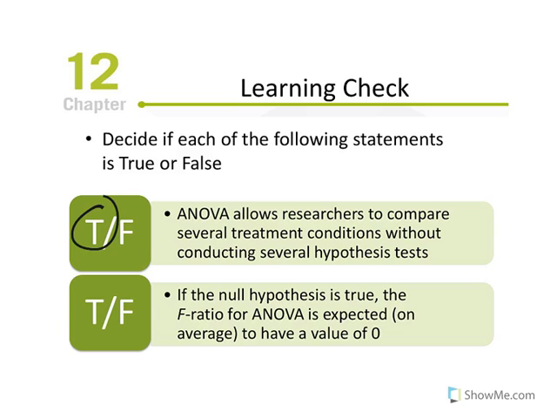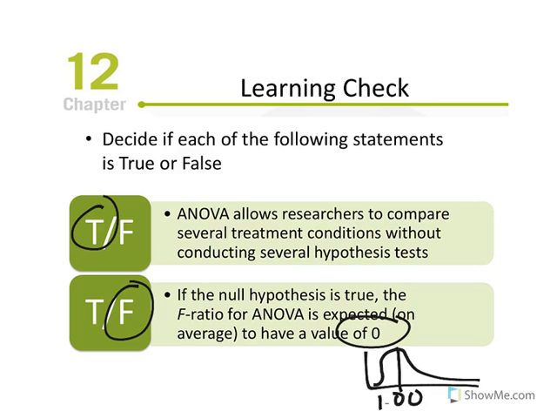Next one, if the null hypothesis is true, the F ratio for analysis of variance is expected on average to have a value of 0. And that is a false statement because we just discussed the null, right? If there's no treatment effect, the null would indicate that our F ratio is equal to 1.00, not 0.